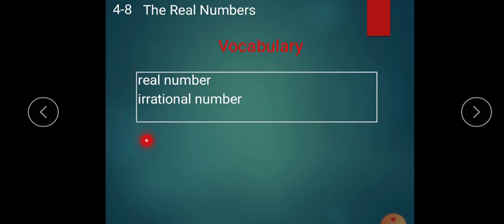So two important terms are here, real numbers and irrational numbers. Remember one thing, rational and irrational numbers together combine to become the real numbers. So real numbers means it is the combination of rational and irrational numbers.